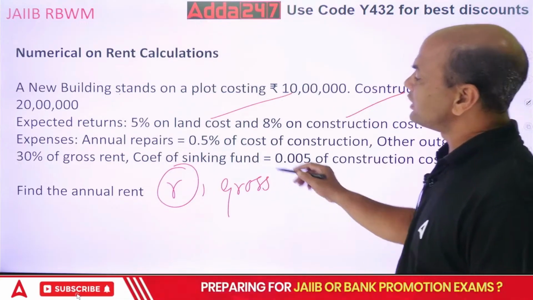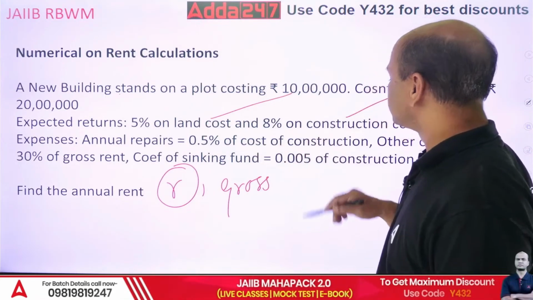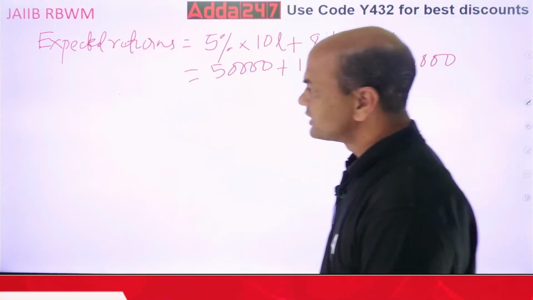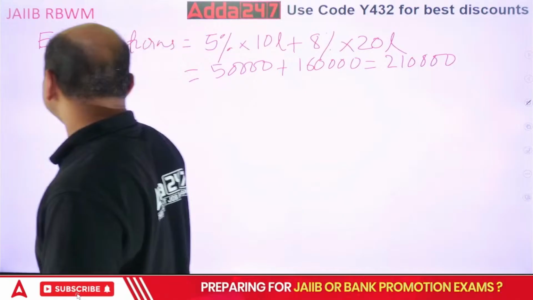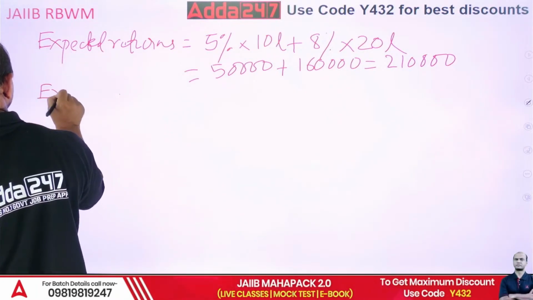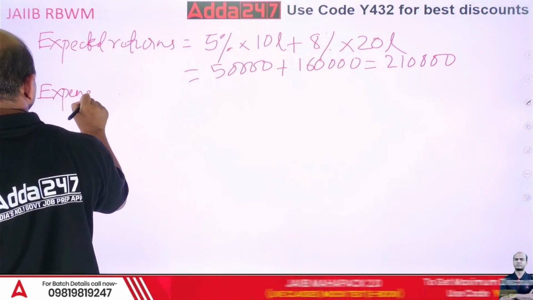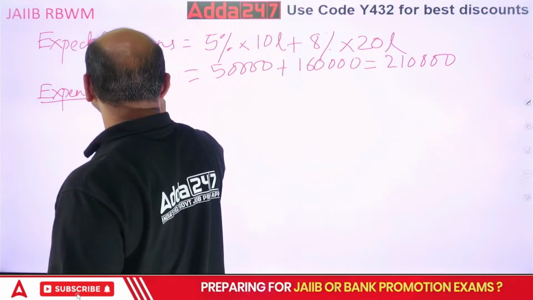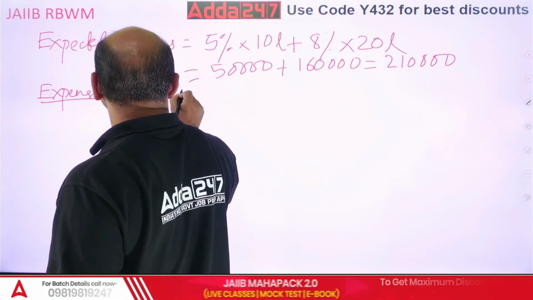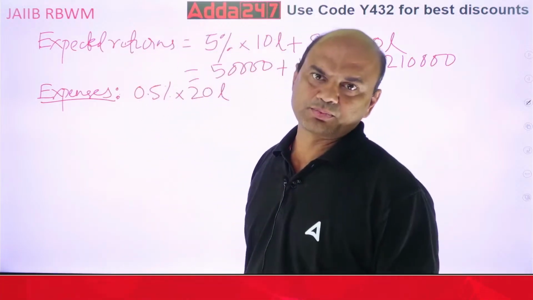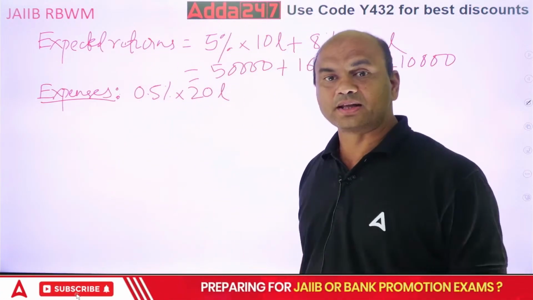So let's calculate 0.5% of cost of construction. See, expenses. Number 1: 0.5% into 20 lakhs. What is the cost of construction? 20 lakhs. 0.5% of 20 lakhs.